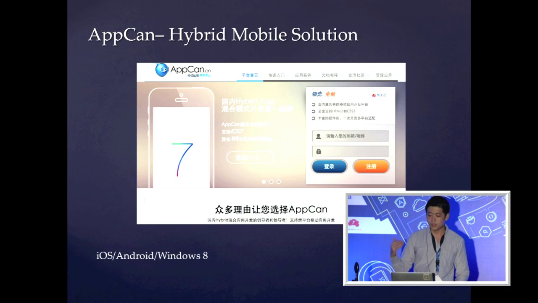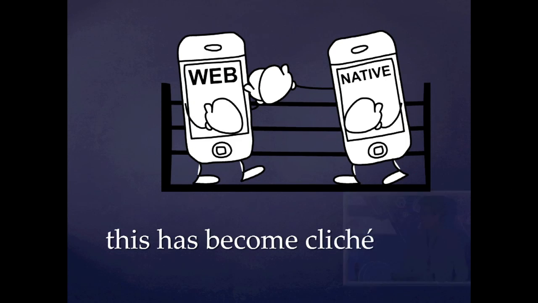So this startup called AppCan came up with a quite interesting solution. It's a hybrid smartphone solution, and it works for iOS, Android, and Windows 8. It is a bit similar to PhoneGap, but it also has some differences.